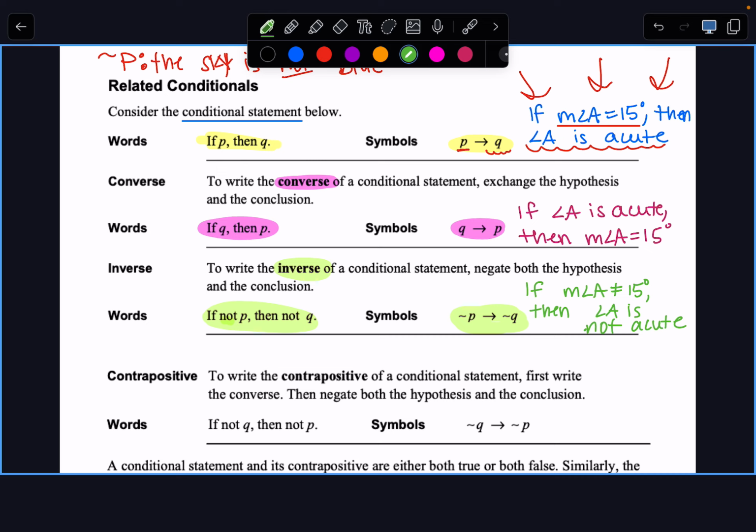Okay, and we're always going back to our original conditional statement. All right, last, we have the contrapositive. The contrapositive is taking not Q implies not P. So we're taking our original conditional statement and we're doing two things.